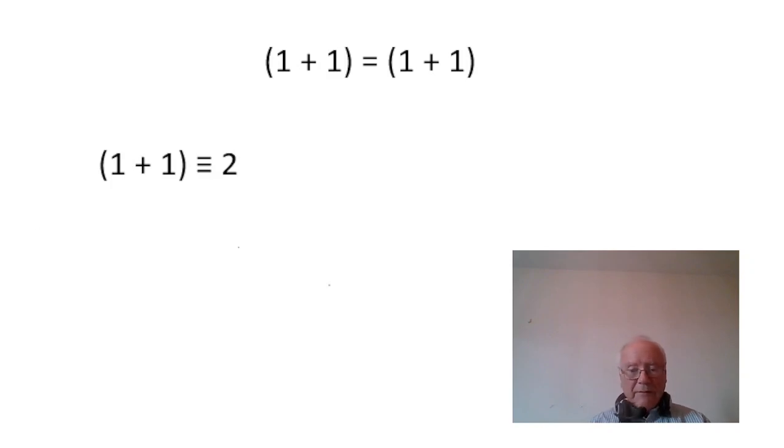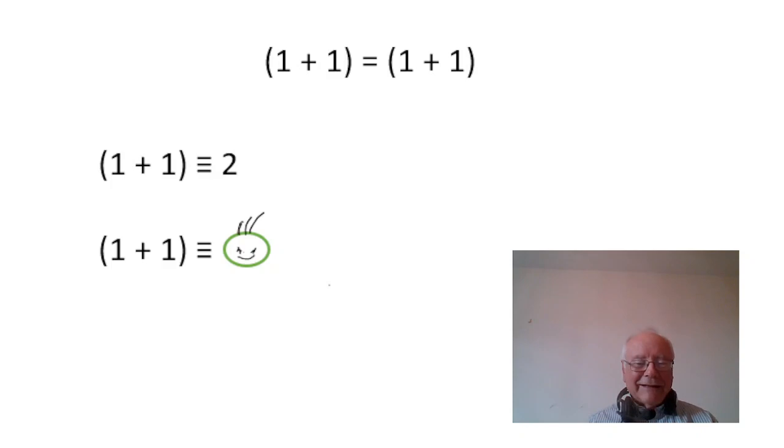I don't have to use that particular shape. I could use any shape I like. I can put a smiley face in if I want and call that the number 2. So the number 2 that we use, and we're all familiar with, is just simply a definition of what you get when you add 1 to 1.